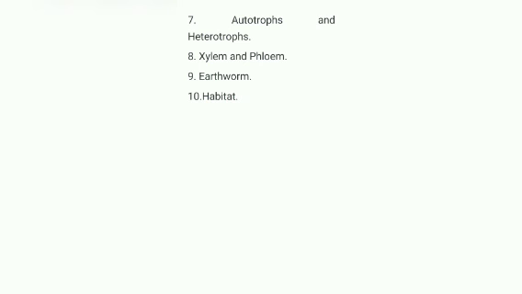The place where an organism lives is called its habitat. We got an overall idea about the living world, mostly about the plant kingdom and something about the animal kingdom also.